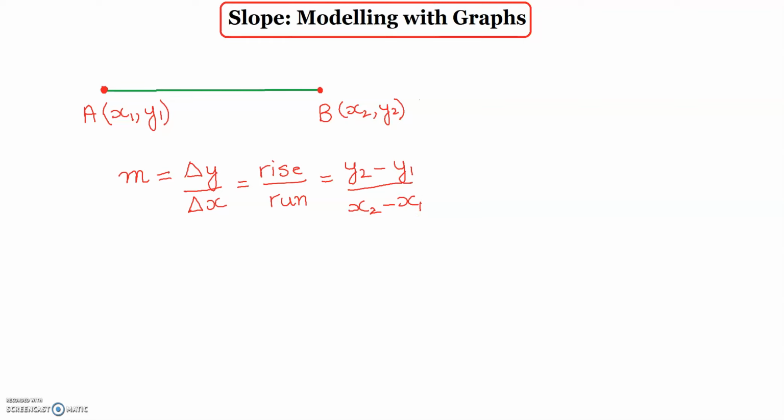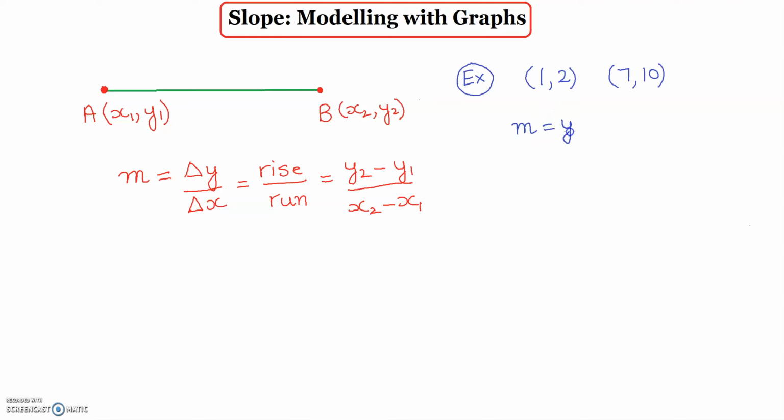Let's look at one example. I have the first point as (1, 2), and the second one as (7, 10). We're going to find the slope, which is lowercase m.